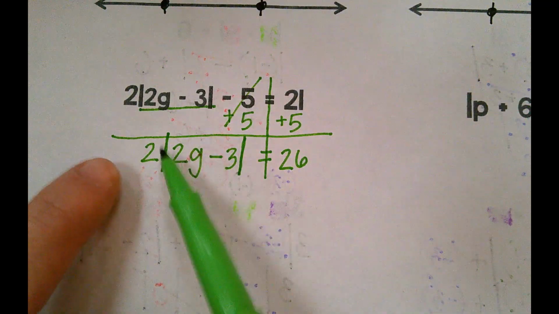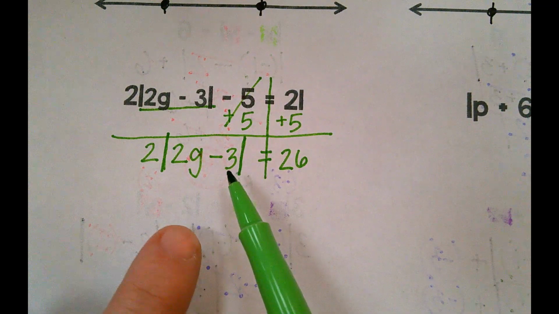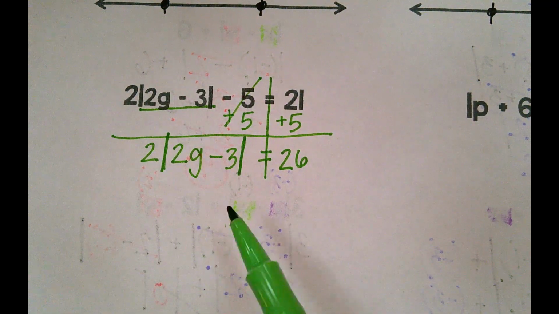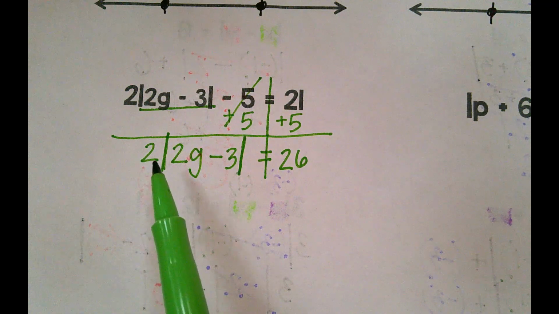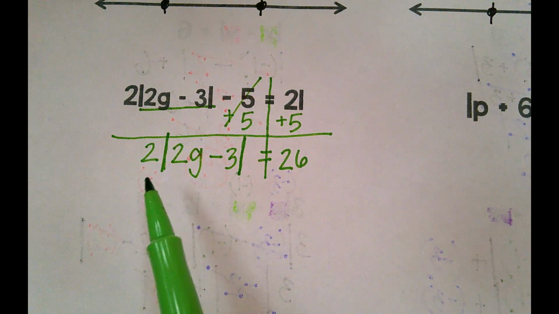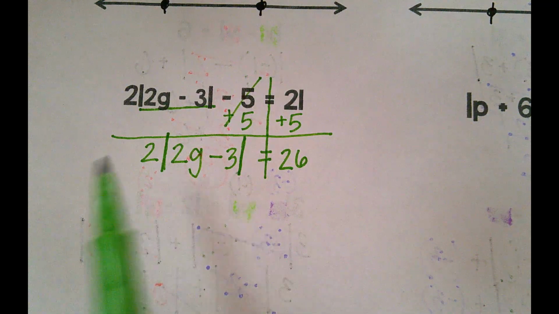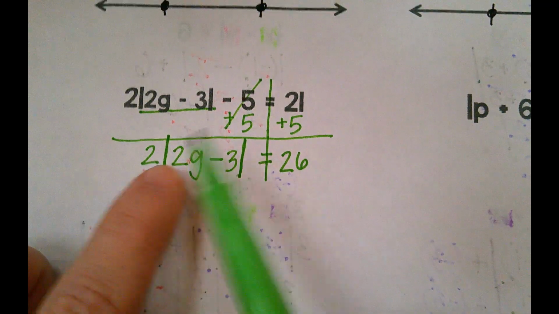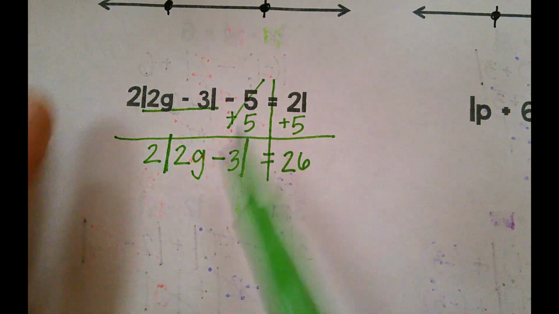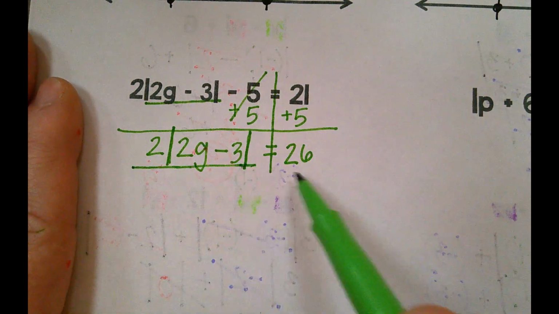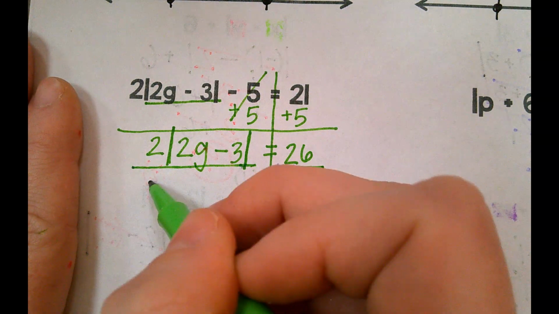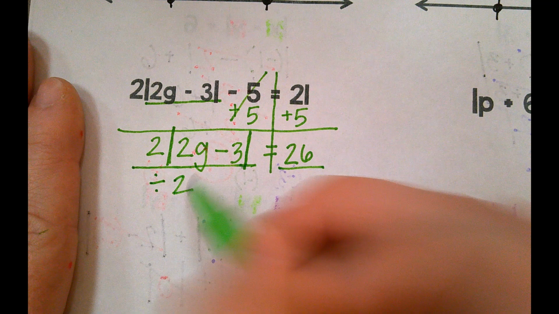We don't want to put things more inside the absolute value. We want to get rid of them. So if this means we're multiplying by 2, how would I get rid of it? What's the opposite of that? Divide. We're going to divide both sides by 2 to get rid of that 2. So I'm going to draw a line on both sides, and if it helps, write the division symbol. Divide by 2.